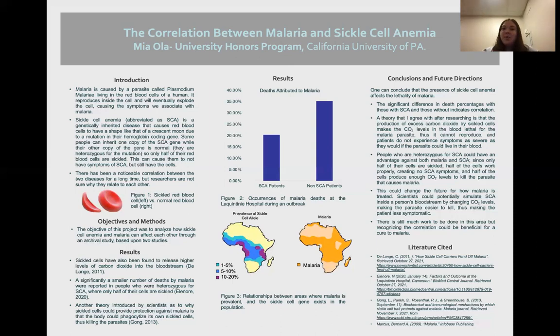So I think that this opens up a really cool door of how we could go about treating malaria and how maybe sickle cell anemia evolved as a trait that was helpful to prevent against malaria. So if we cure malaria, then we could essentially help with sickle cell anemia as well. So it's this circle that could really open up a whole bunch of possibilities for the future of medicine.